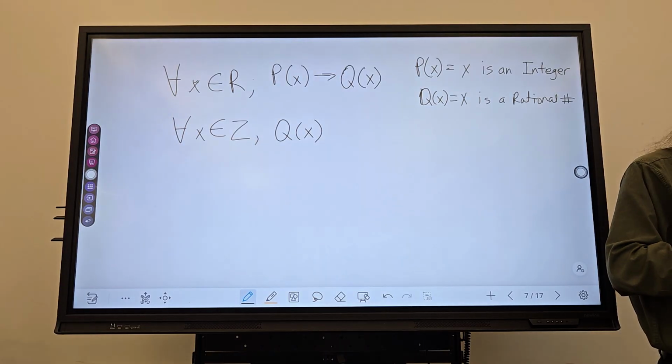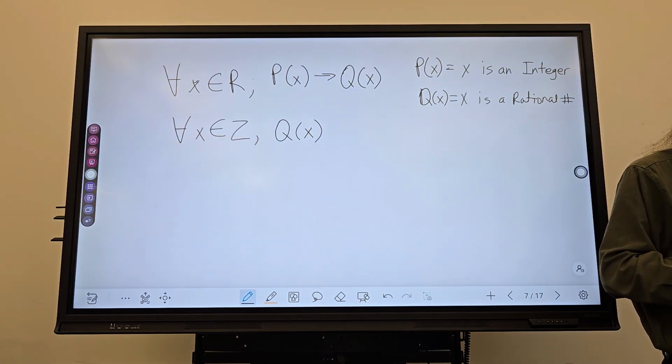So where Z is a subset of R, consisting of all values of the variable x that make P of x true, there you go.